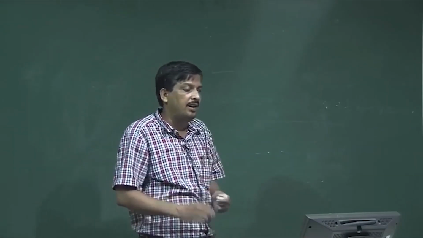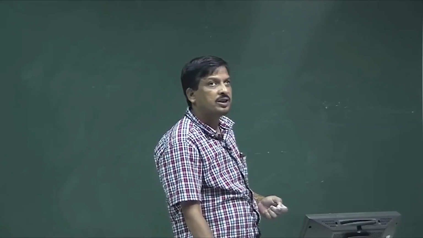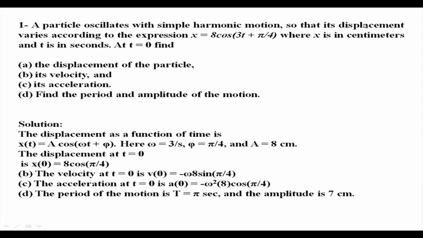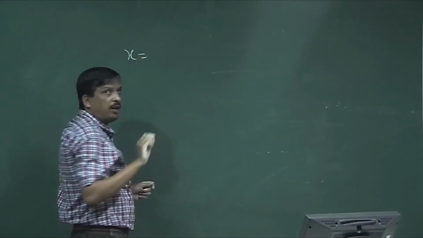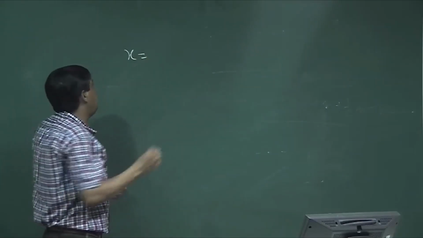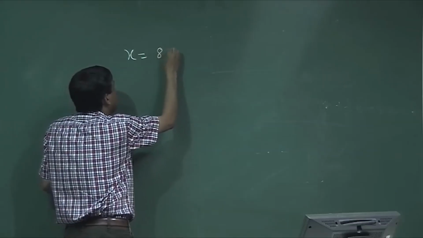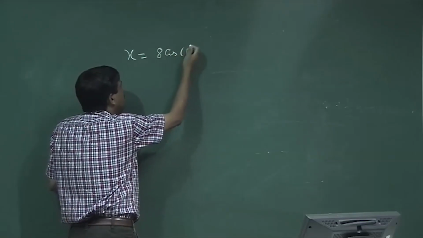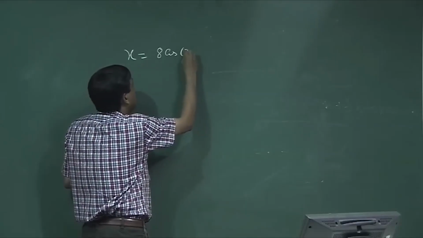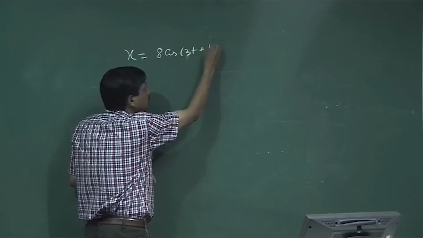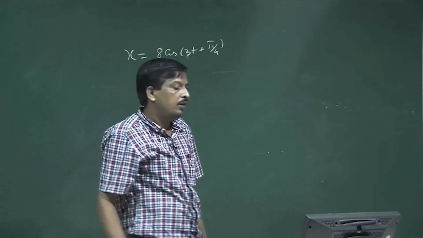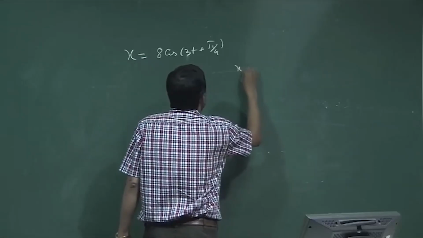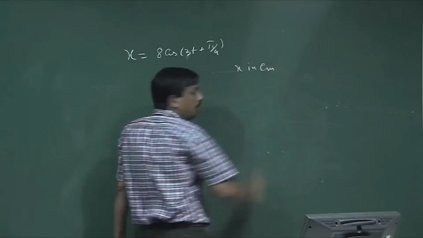It says that a particle oscillates with a simple harmonic motion, so that its displacement varies according to the expression x is equal to 8 cos(3t plus pi by 4), where x is in centimeter.